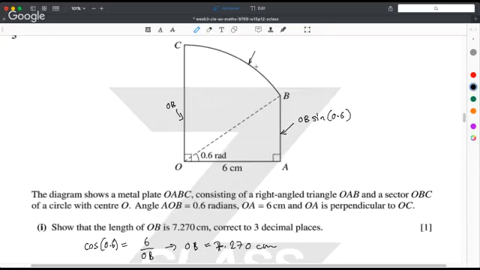And then this is an arc length, so if it's subtended by this angle, which is pi on 2 minus 0.6, remember we're in radians now, so 90 degrees is pi on 2, then this length is the radius OB times the angle subtended, pi on 2 minus 0.6.